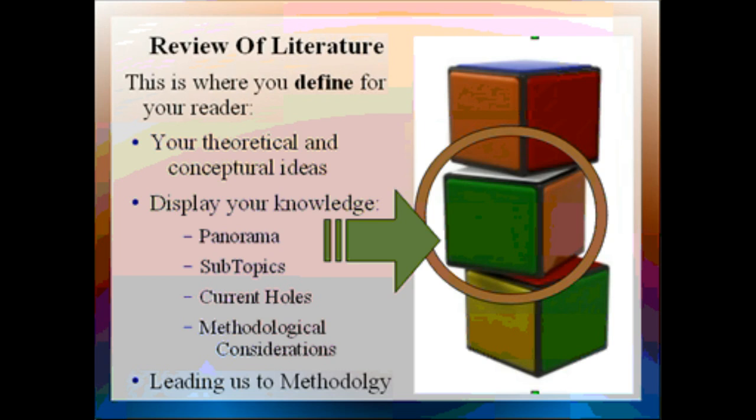You take us through what you have experienced as the holes in the literature, and then your ideas about the methodology through which you will study those holes. This is a middle piece, and it builds from the first that sets us up for the project, but it's also a foundational piece that leads us to the methodology.